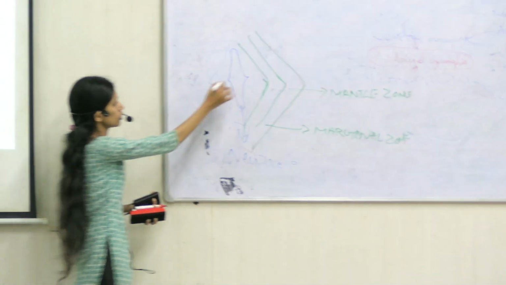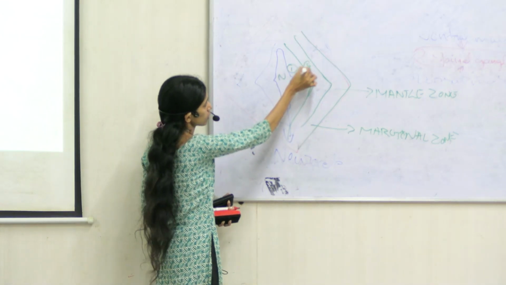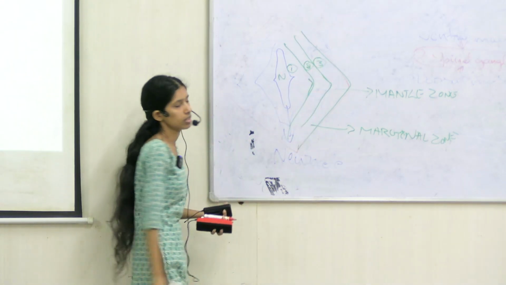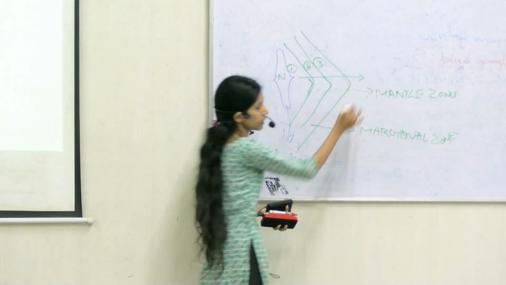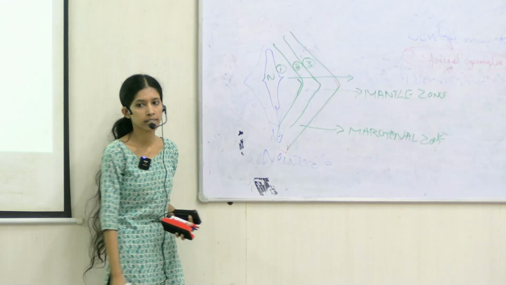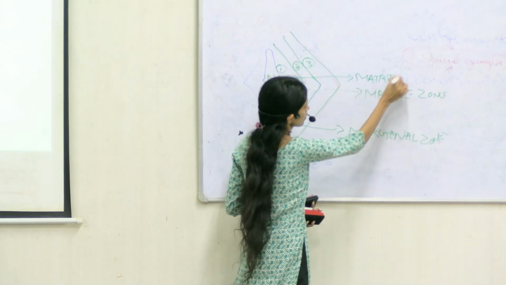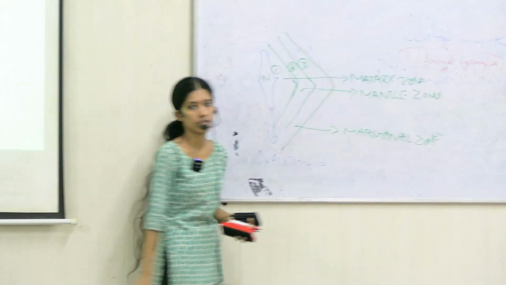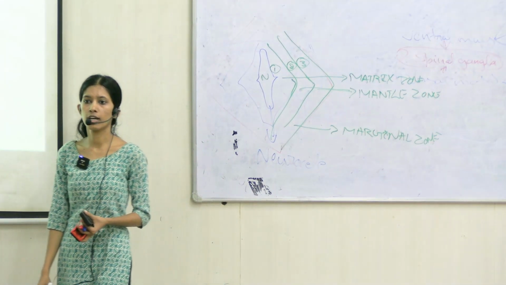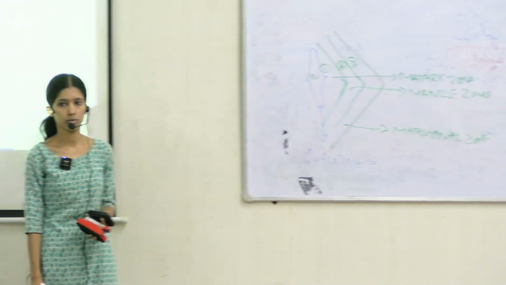Okay. So this is the neurocele, this is the innermost, this is the middle, and this is the last one. Okay. Make a small correction. The inner one is called as matrix zone. The middle one is called as mantle zone, and the outermost layer is called as marginal zone.